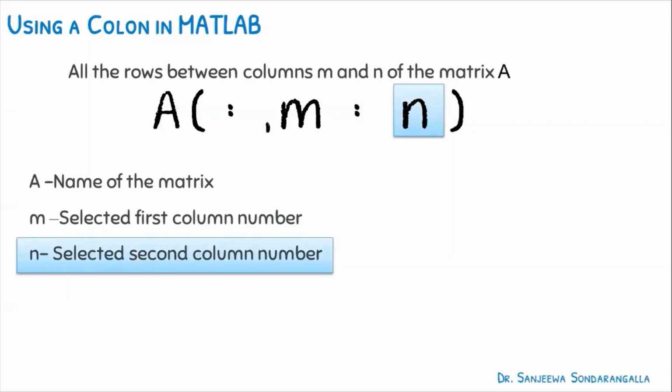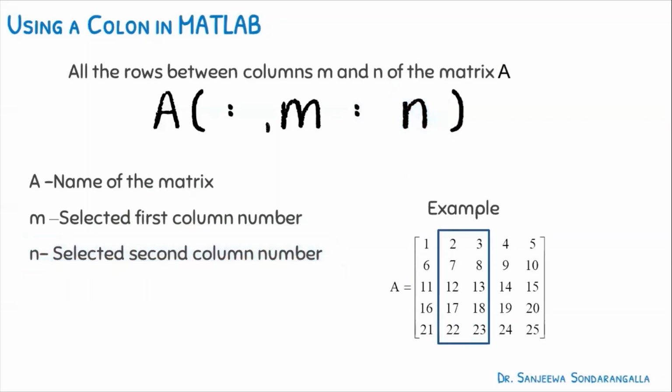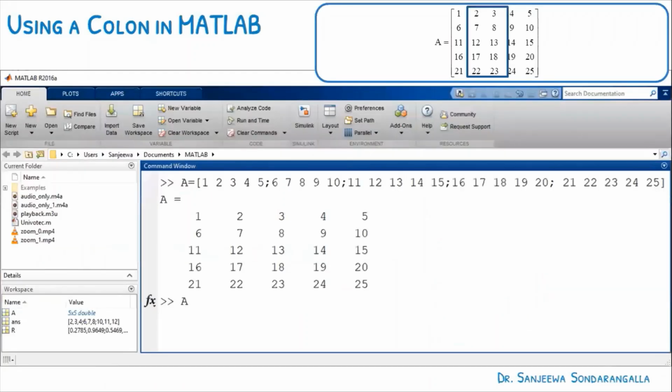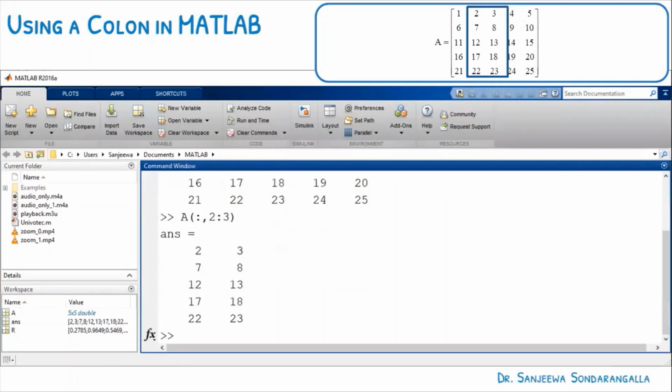As an example, to show all elements of the matrix between the second column and third column, type A, open the bracket, colon, comma, 2, colon, 3, close the bracket, then enter. This result shows all elements between the second column and third column.